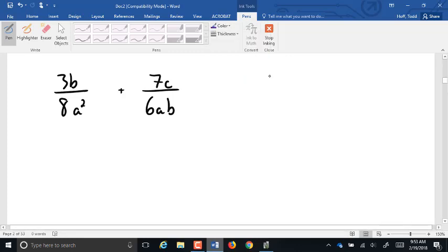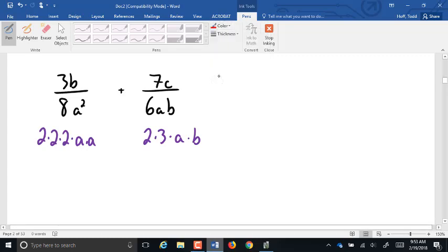How would I figure out what that common denominator is that I'm going to change those to? Well, we can go back to the factors. 8 factors into 2 times 2 times 2. A squared is a times a. 6 is 2 times 3. A and b.